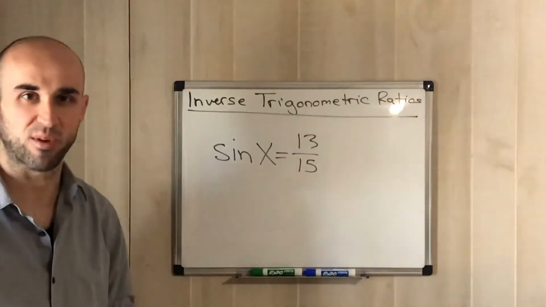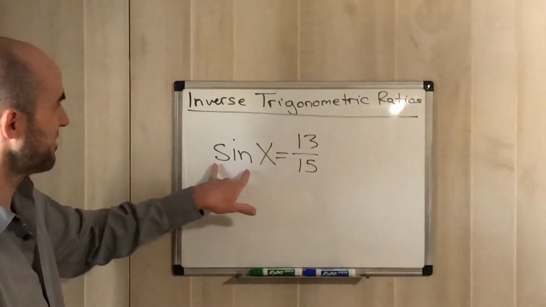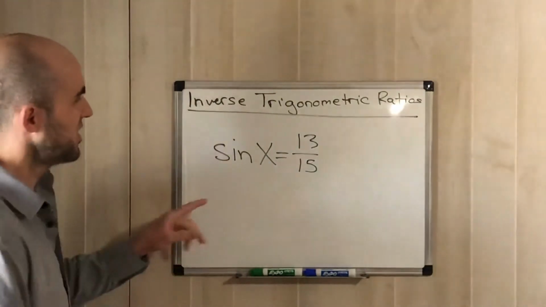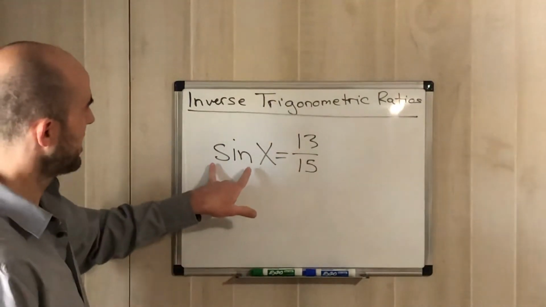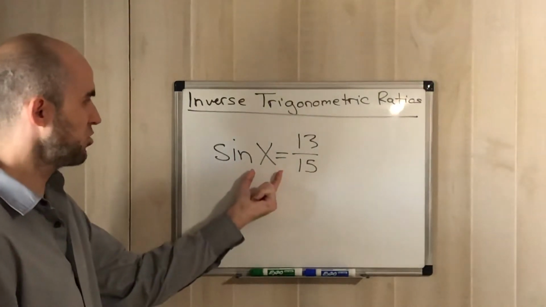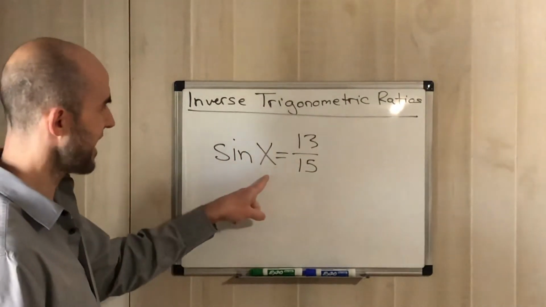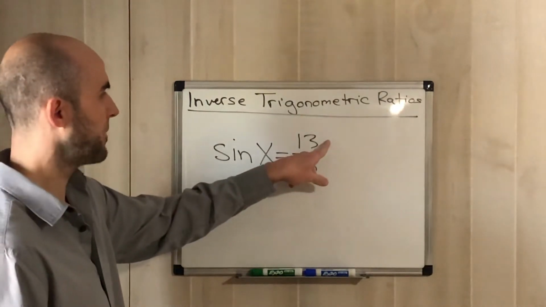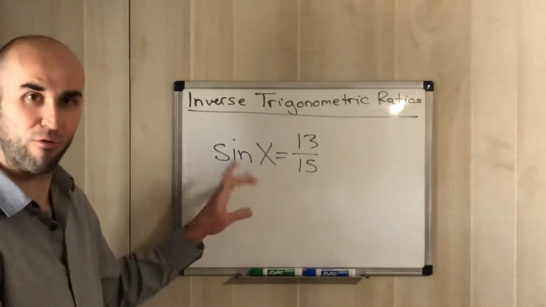That's where the inverse ratio comes from, because in order to get rid of sine, you're going to have to do the opposite operation, which I'm going to show you in a second. So going back to what we did last class, we had the trigonometric ratio, sine. The angle always goes with it, right? So sine of x represents our angle, equals, and then our side is, right? The opposite over hypotenuse, because that's just the formula for sine.